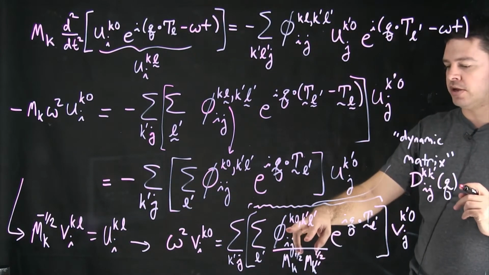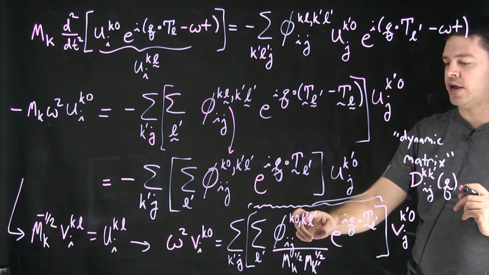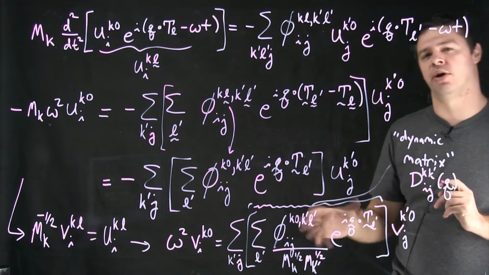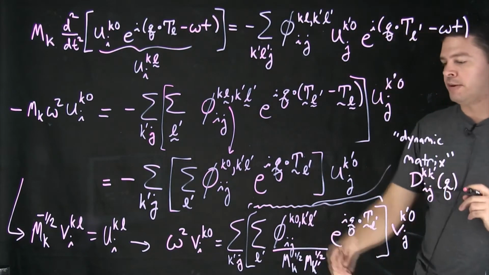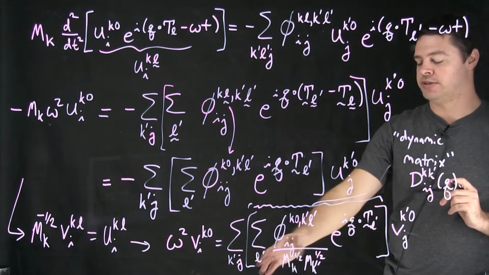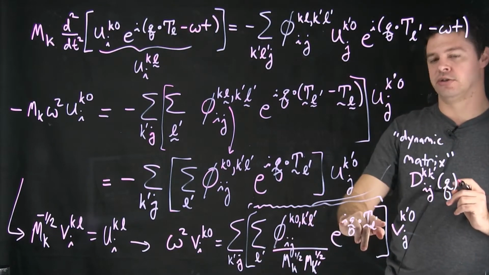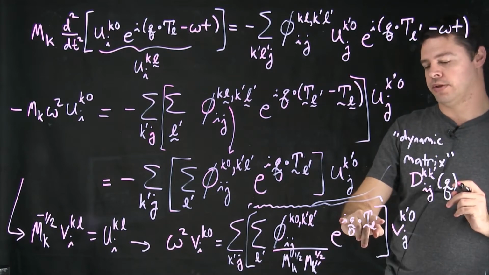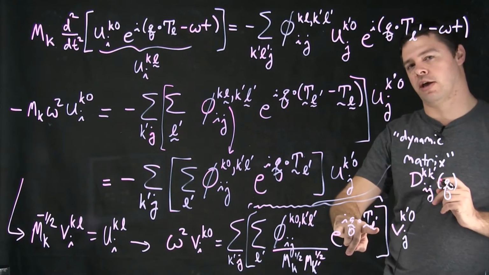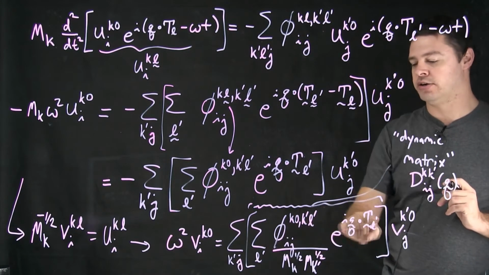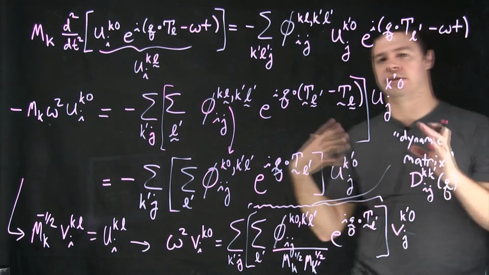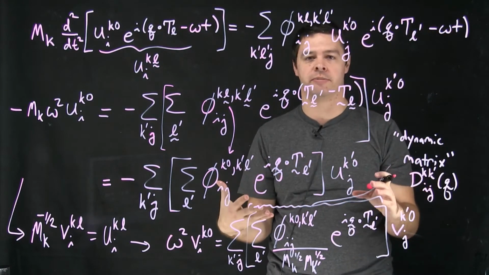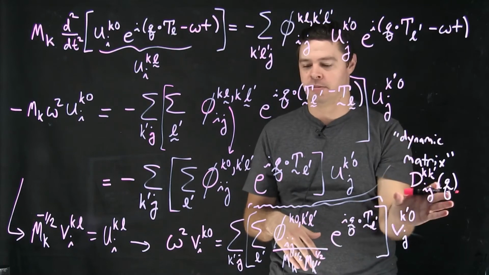It's symmetric because I can interchange k and k prime and it still forms all the same stuff. Remember that this summation over l doesn't involve k or k prime, so this factor doesn't really matter. So what comes out after you do that summation is a symmetric matrix called the dynamic matrix.